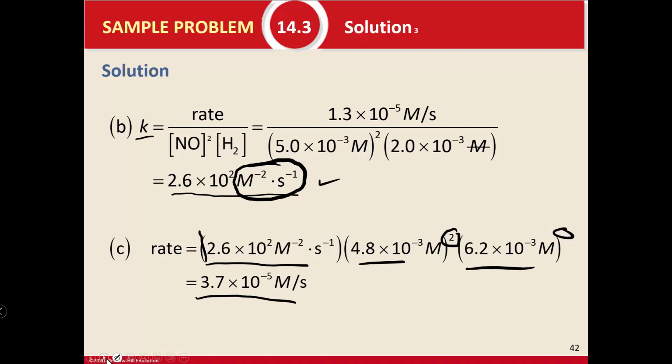We assume at that particular temperature, we can plug any concentration in here and get the rate of the reaction. That's ultimately what we're looking for: once we establish the rate law and know the value of the rate constant, plug any concentration units in and get the rate of that reaction. And that's the power of it.